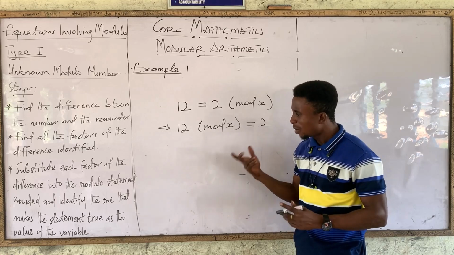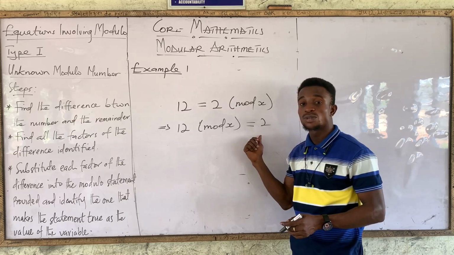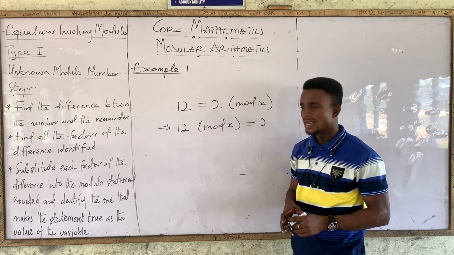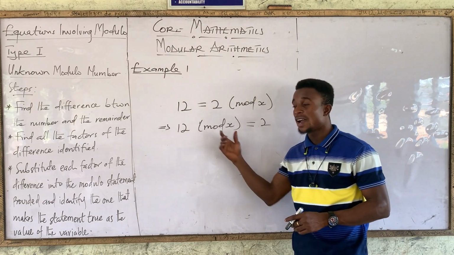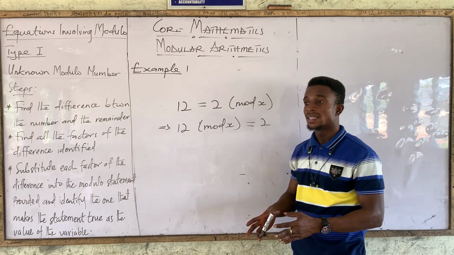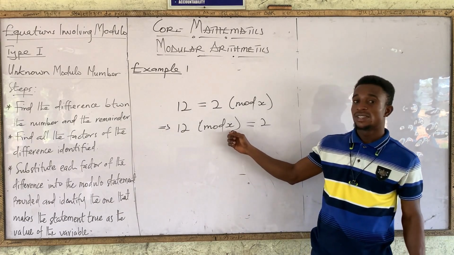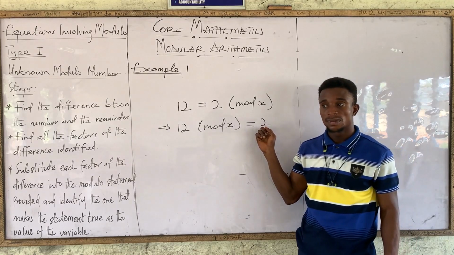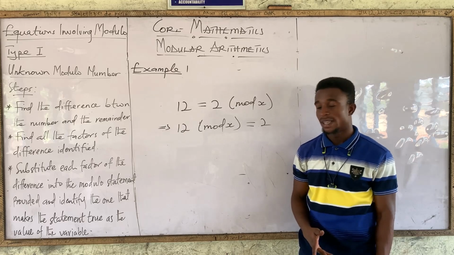And somebody can also say that x is 10, because 12 mod 10 is also equal to 2. And 12 mod 5 is equal to 2. Is that not it? So these are the two numbers. Are they the only numbers that when substituted here we get 2? Let's see how to locate those numbers. Are we okay?